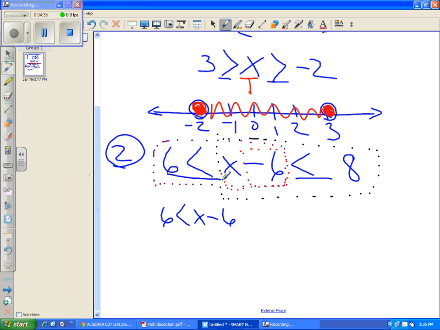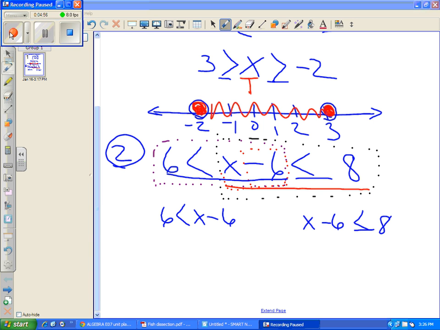That was my first one. And my second one looks like this section right here, x minus 6 is less than or equal to 8. We separated out the two problems because they're kind of mixed in there.